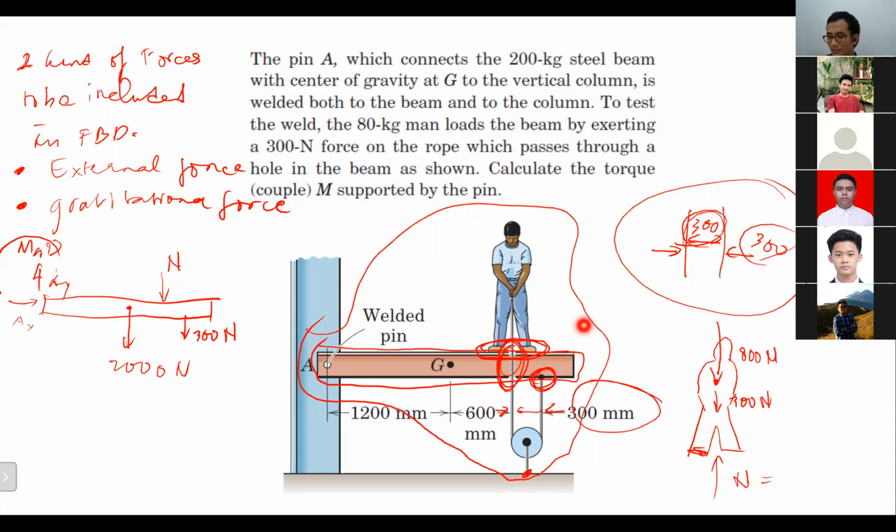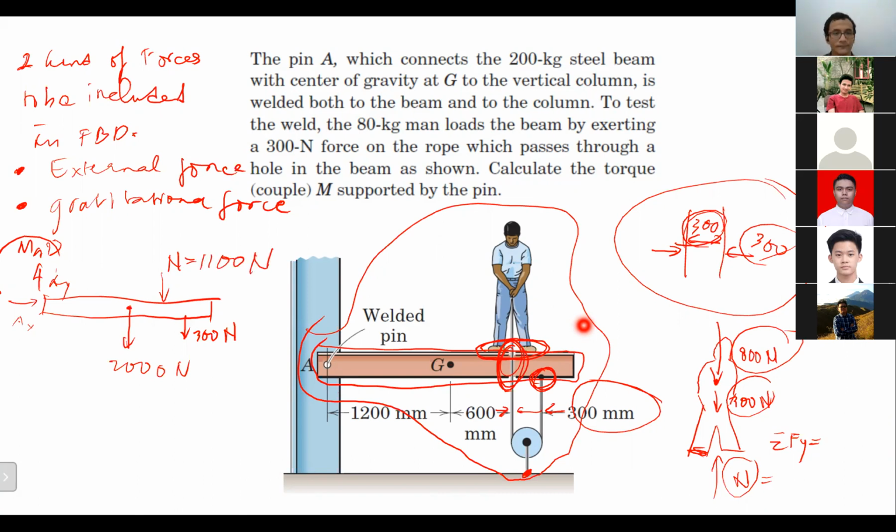This is the free body diagram of the man. Also, the pulling action becomes part of the normal force. In total, yes, but you cannot say it that way directly because it's not direct. So 800 plus 300 will become the normal force, and the normal force here is the one that will be considered in the system, 1100.